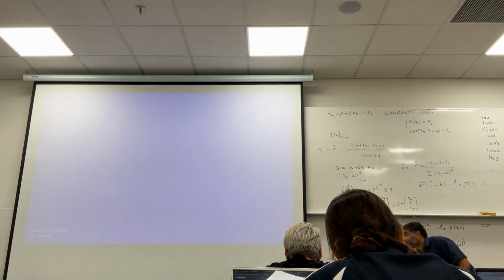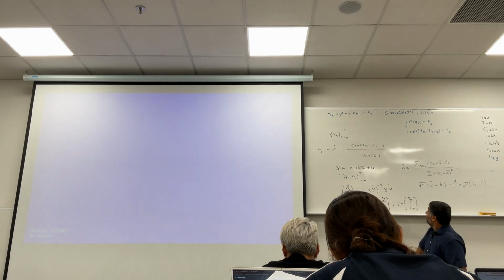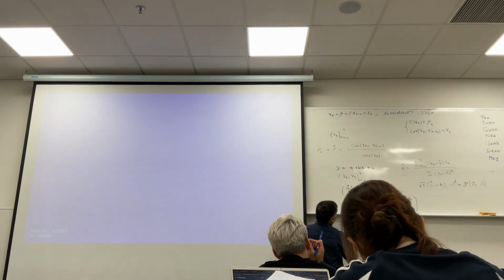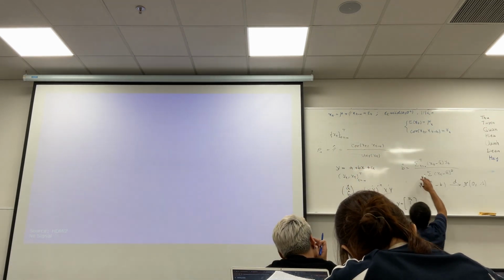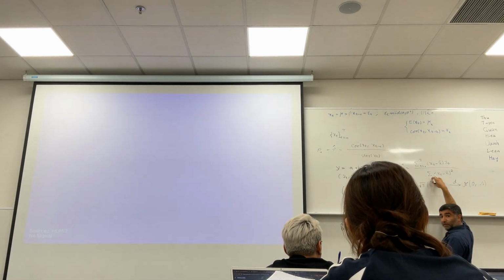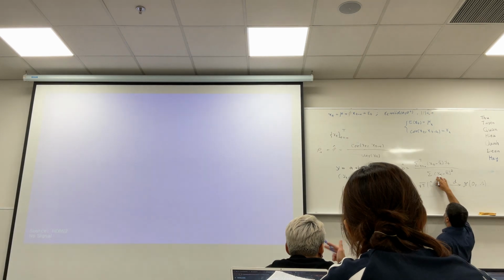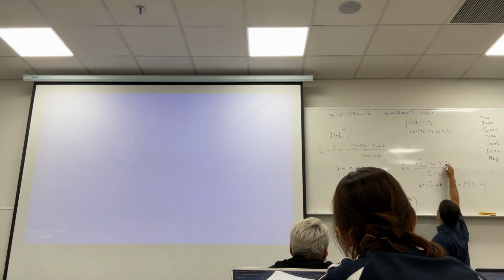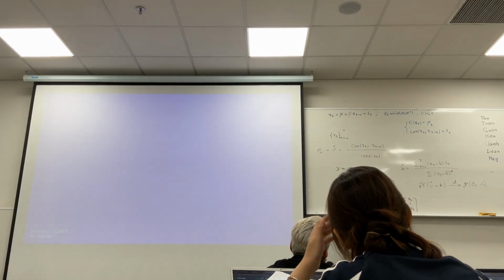So that is b hat. b hat is equal to some summation in the numerator and some summation in the denominator. This is x, this is also x, this is y. So let's rewrite that.